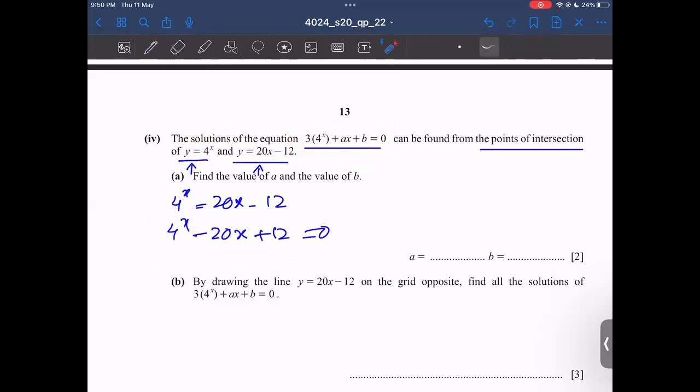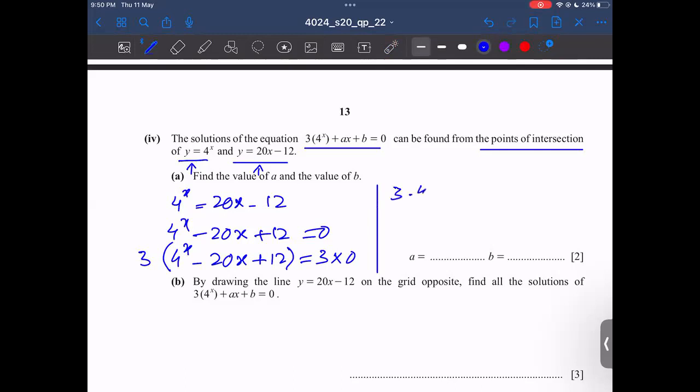In order to make them resemble, we can multiply this whole equation by 3. Since we are multiplying on both sides, there is no objection. 3 into 4 power x minus 60x plus 36 equal to 0. 3 multiplied by 20 is 60x, and 3 multiplied by 12 is 36.